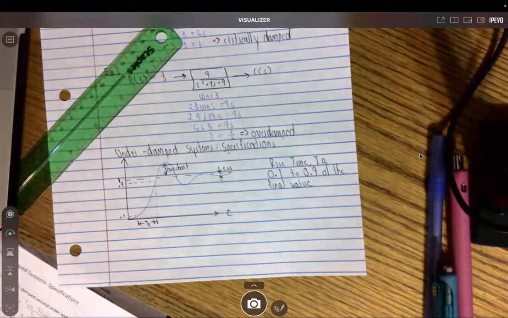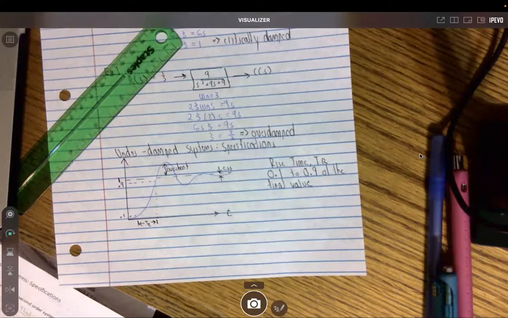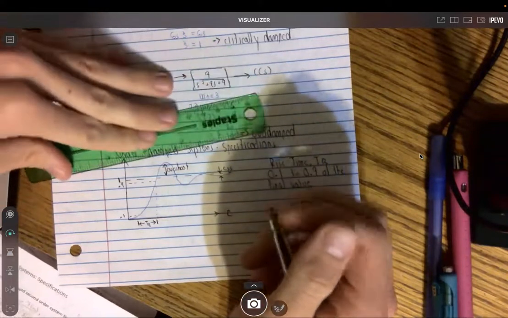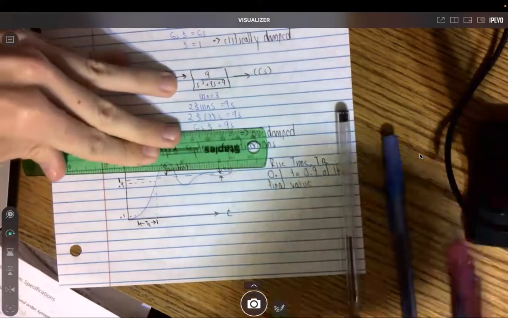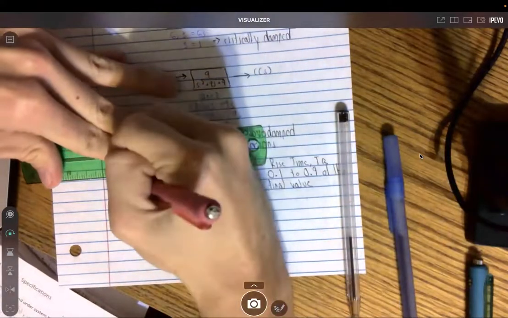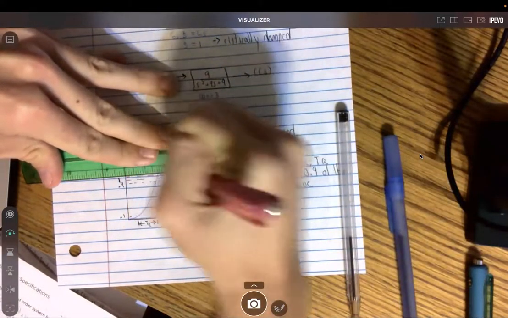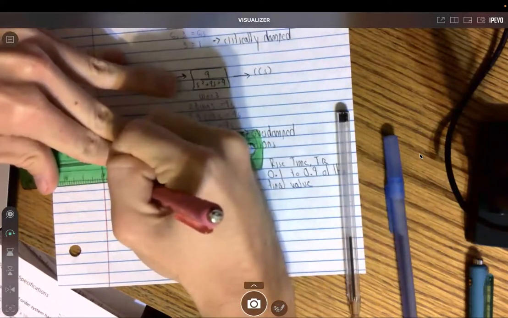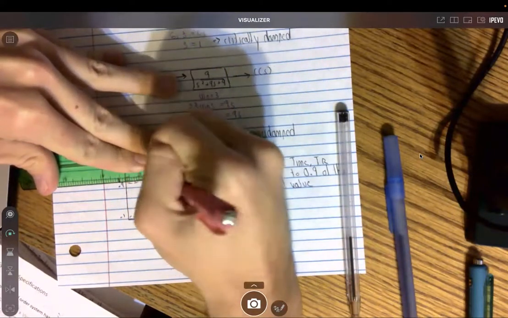And then our settling time is to reach and stay within 2% of the final value. And so our final value was 1. So here at this specific point, if we're looking at within 2% of 1, we're going to have just a little above 1 and then a little below 1 to stay within 2% of that 1 value.